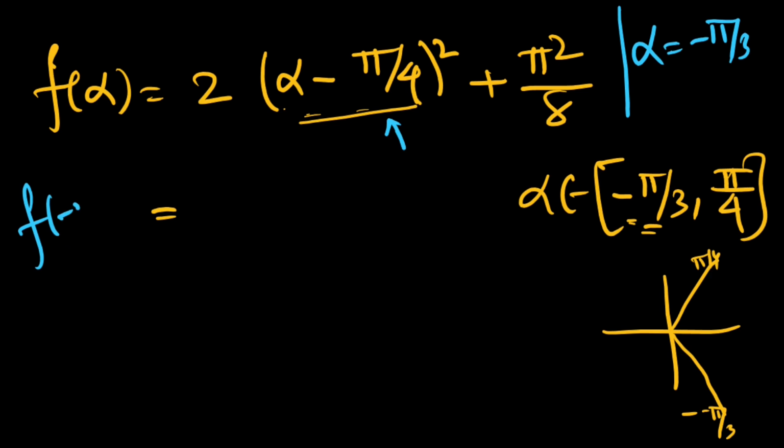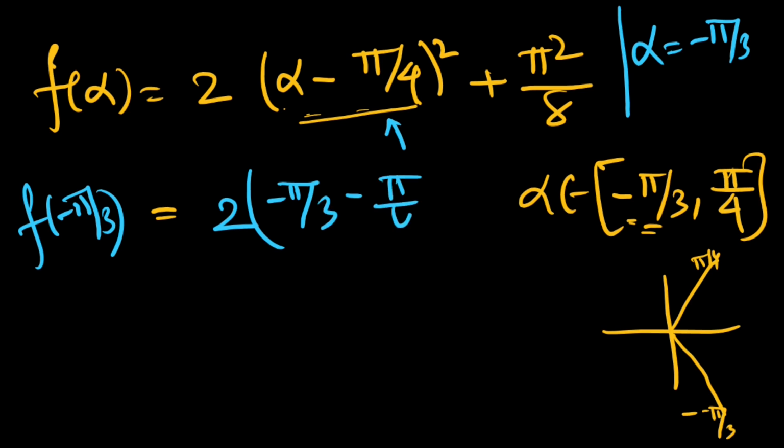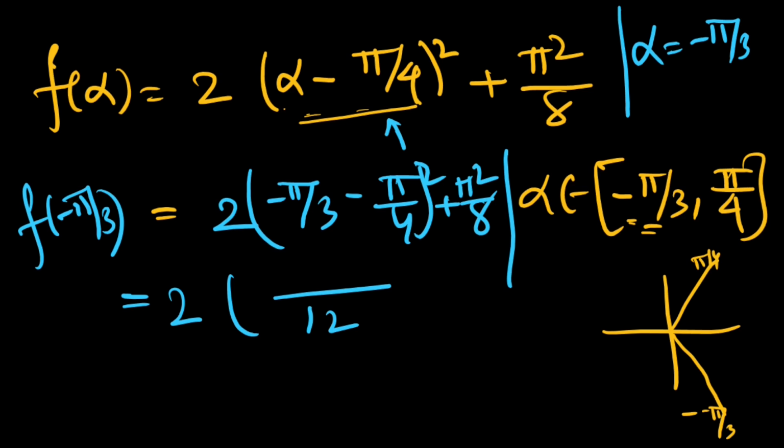So f of minus pi by 3 is 2 times (minus pi by 3 minus pi by 4) whole square plus pi square by 8. Now we calculate this term. The minus is cancelled because this is a square, so that is (4 pi plus 3 pi) whole square plus pi square by 8.